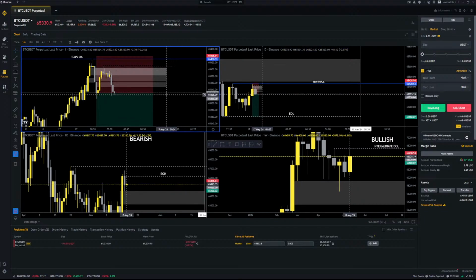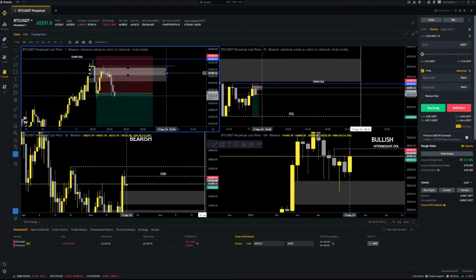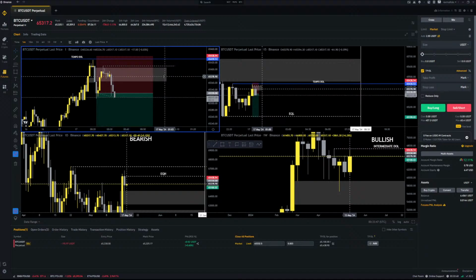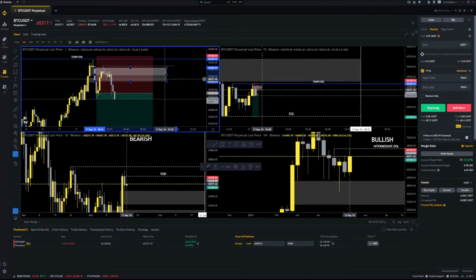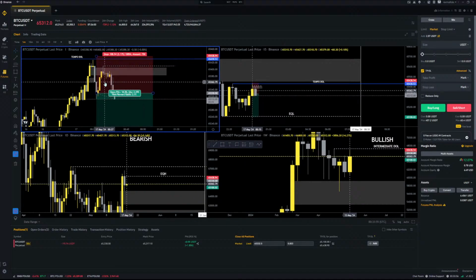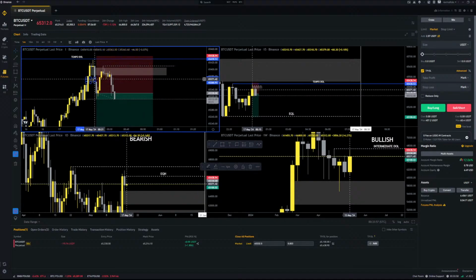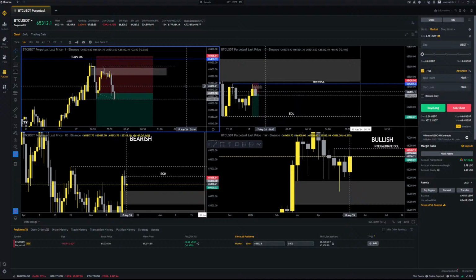How's this kind of gonna reverse anytime? This PPR is kind of useless. Same for this imbalance. This imbalance hasn't supported the price to go low. This fair value gap right here, this imbalance right here, kind of useless.